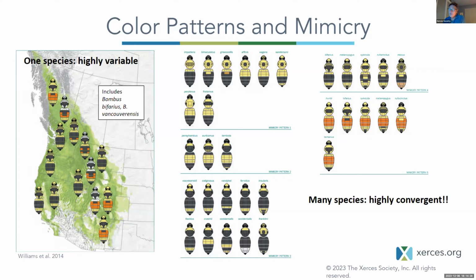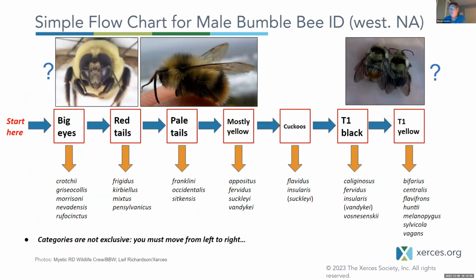There's lots more to say about that, but the only reason I'm bringing this slide to your attention is that one of the reasons it's so hard to identify male bumblebees is that they can look frustratingly similar in any given place. And that's similar to what we've talked about previously about the females. So get ready for some challenges here.